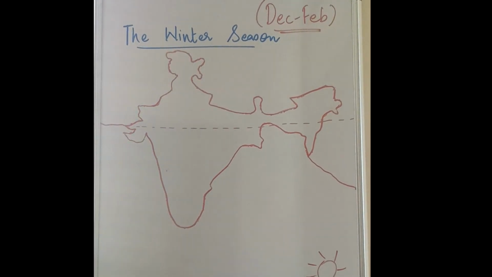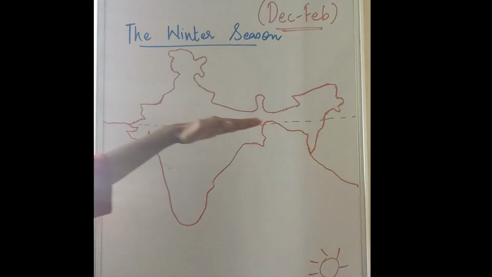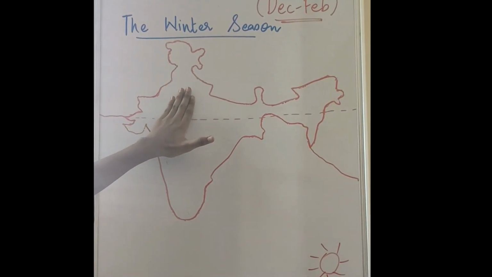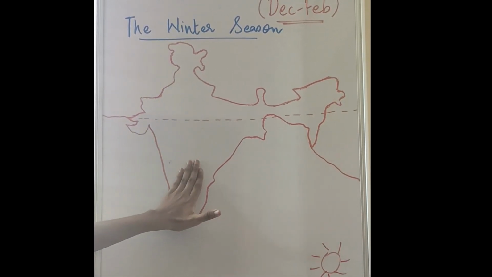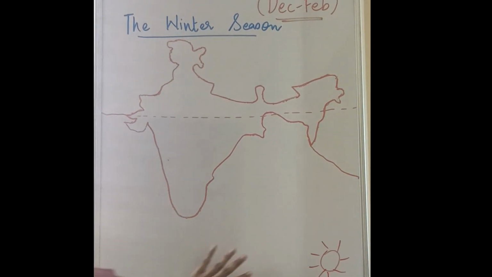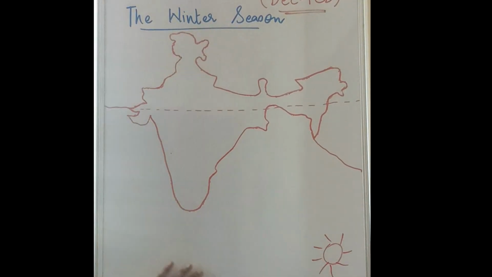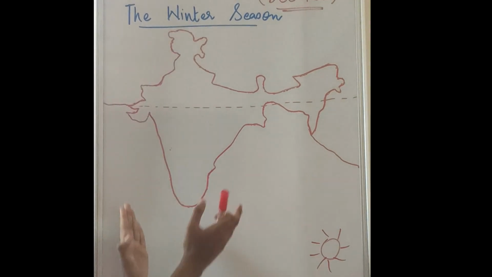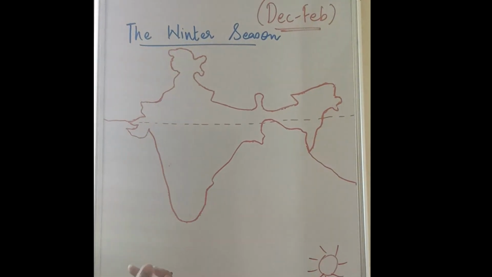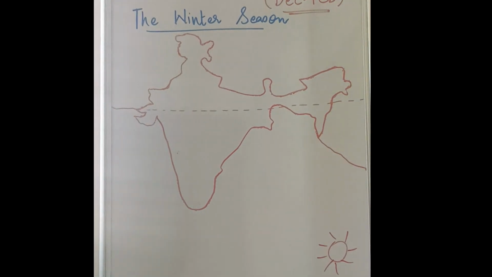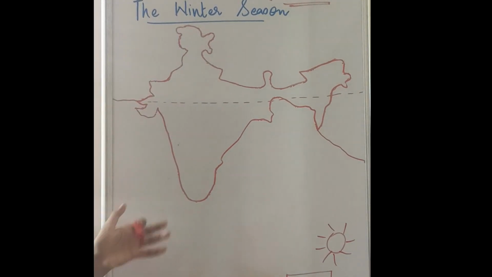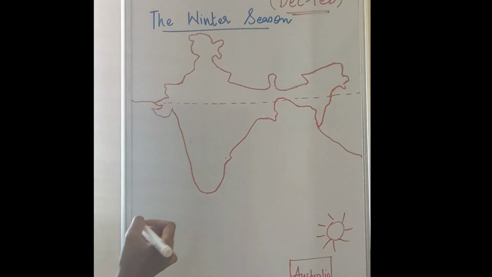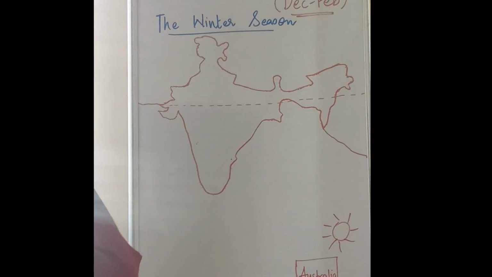Let's look at some temperatures. The places north of the Tropic of Cancer, the landlocked places, are comparatively cooler than the peninsula, because the peninsula has water. Because of the moderating effect of the sea, we don't really have a well-defined winter season in the south. Let's say in Bangalore, the temperature may go down to 20-22 degrees, and in Chennai it may be 23 to 24 or 24 to 25 degrees centigrade.